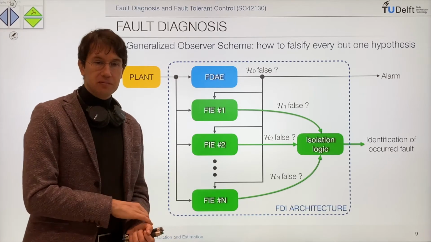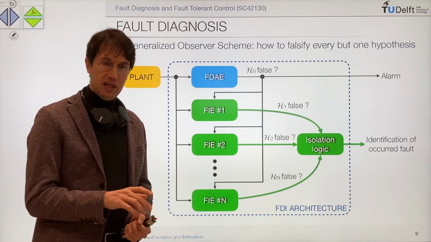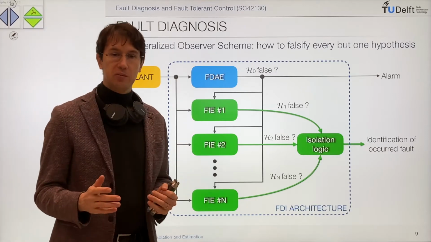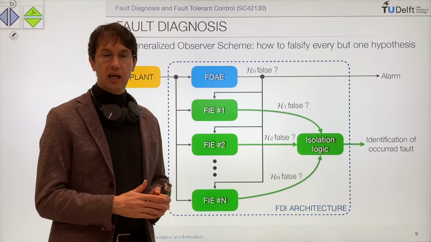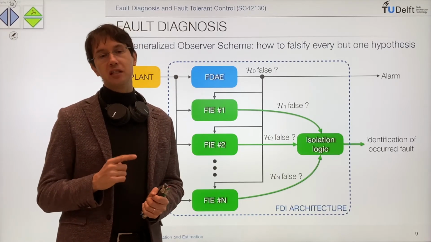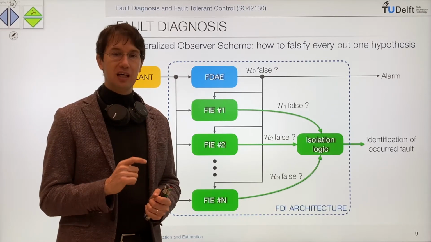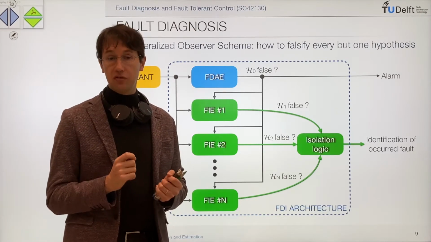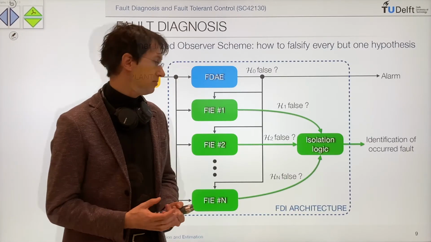Why do we want to do that? Because if we end up in this condition, it means that of all the possible explanations for the symptoms, we rejected everything but one. And this one, the only one that we didn't falsify, is, up to that moment, our explanation for that fault. So it is isolating the fault that is present.